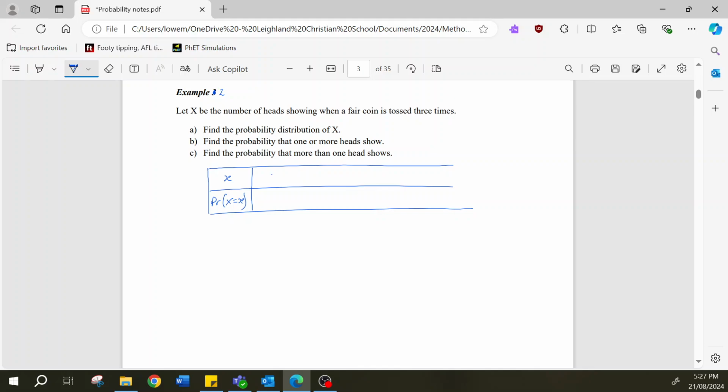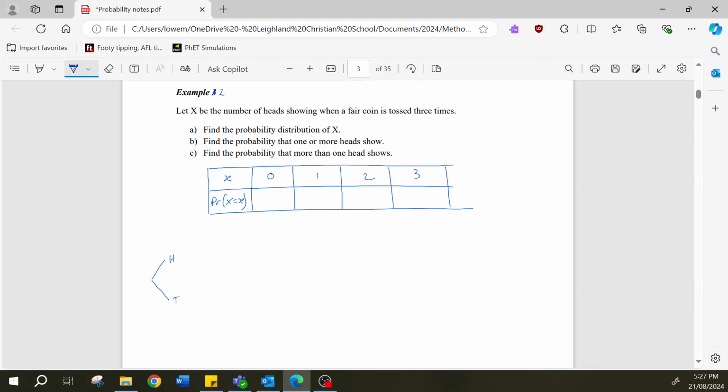Well, it could come up 0 times, it could come up once, it could come up twice, or it could come up 3 times. So what is the probability that a head is going to show when the coin is tossed 3 times? If you're not sure, we can always do a tree diagram.